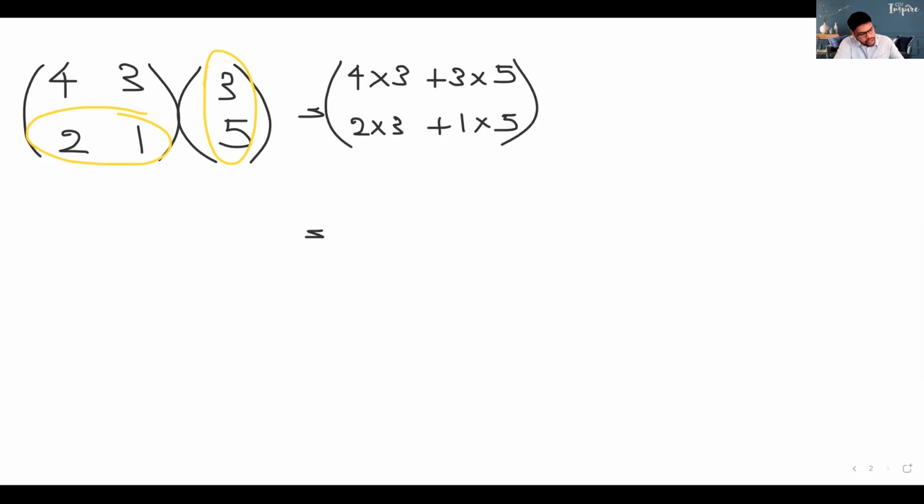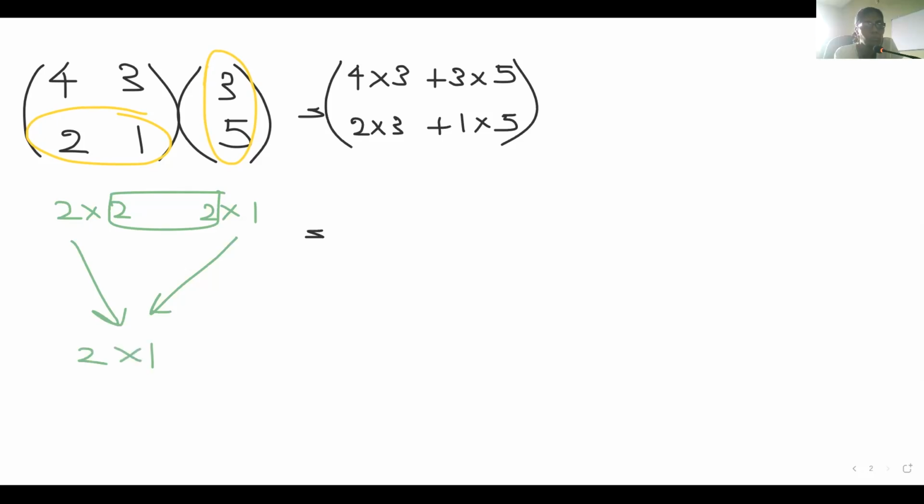Now children, remember, this matrix is 2 by 2 and this is a 2 by 1. Since the number of columns in the first matrix is equal to the number of rows in the second matrix, you can do this multiplication and the result would be a 2 by 1 matrix.